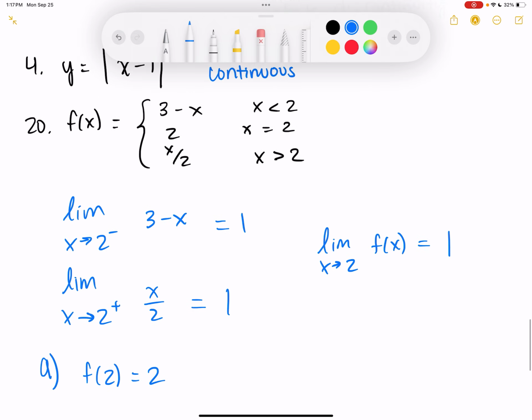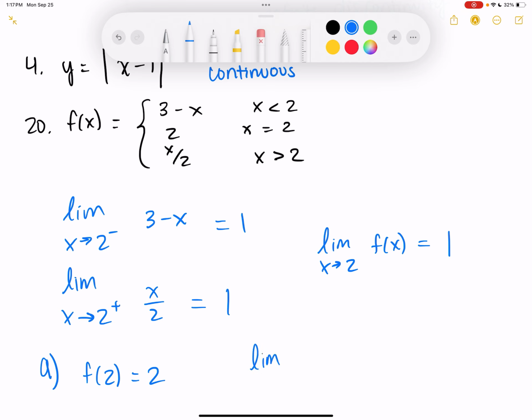Okay, so we were thinking it should be 1, but according to what was given, if I plug in 2 for x in f of x, it should be equal to 2. So f of 2 is equal to 2.